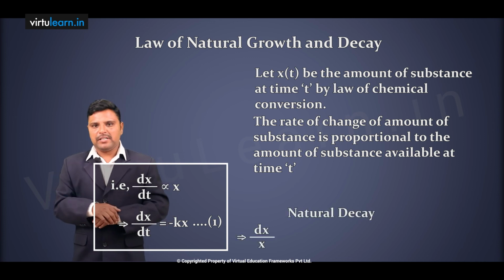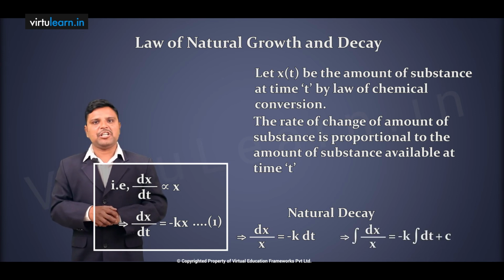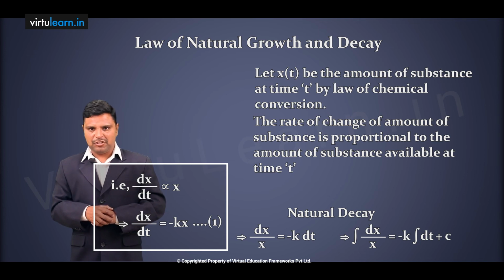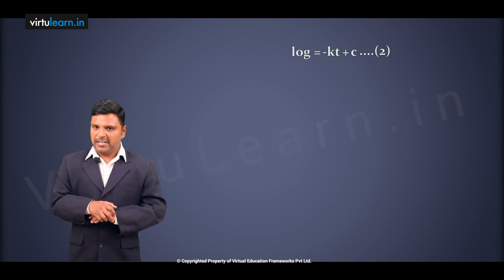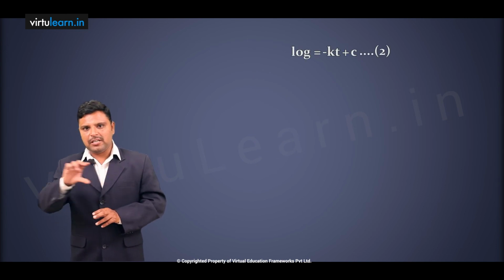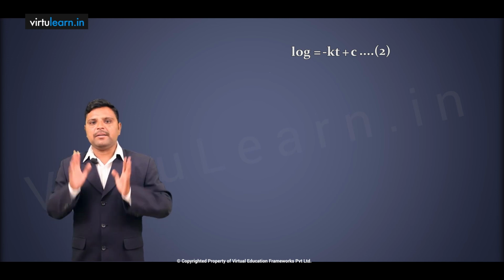Separating the variables, dx by x equals minus k dt. Integrating on both sides, integral dx by x equals integral minus k dt plus c. The final answer is log x equals minus kt plus c. From this equation we can calculate the amount of substance and time also.